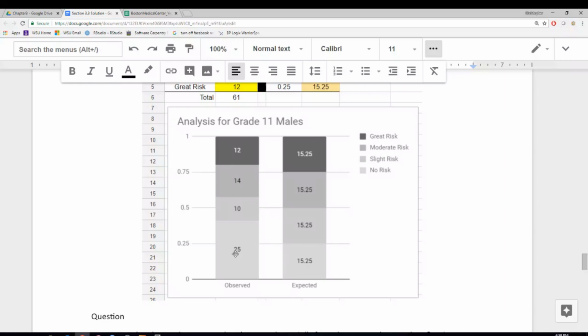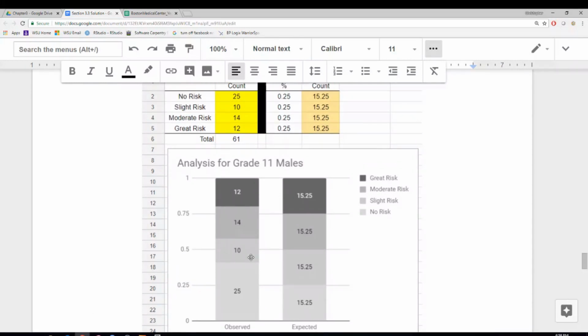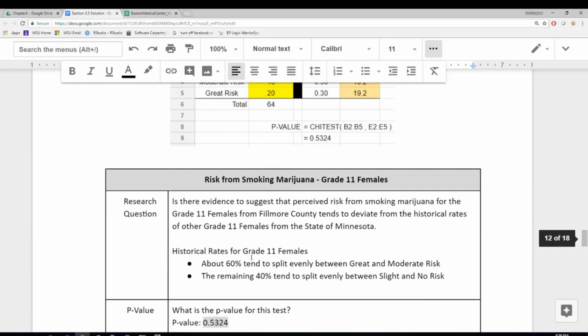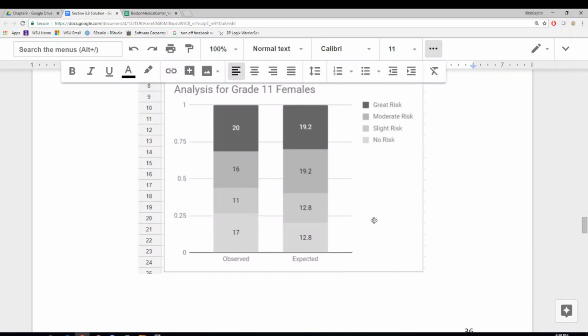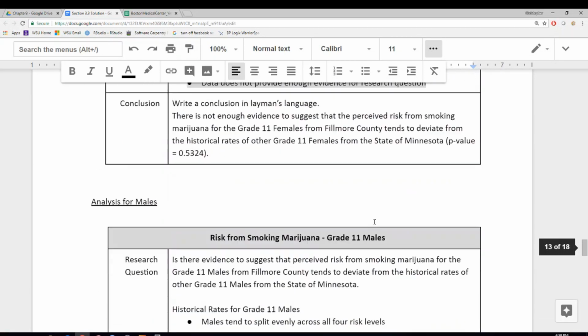So I might want to reiterate, at least to the males, the potential harmful effects of smoking marijuana. I don't have to do that for females necessarily, because if we look at the trends for females, they're right on target. I guess it doesn't hurt to reiterate the potential harmful effects to the females, but they're actually okay. It's the males that need to hear this more than the females.